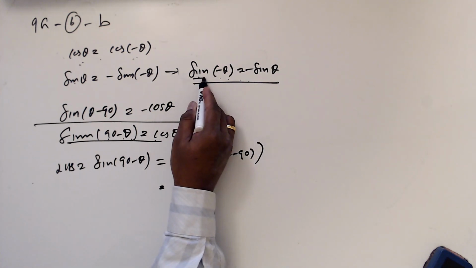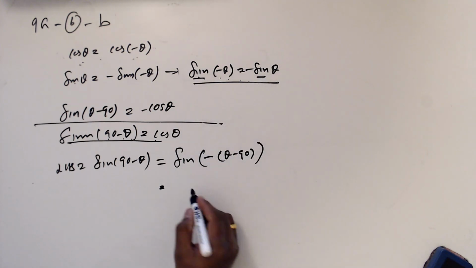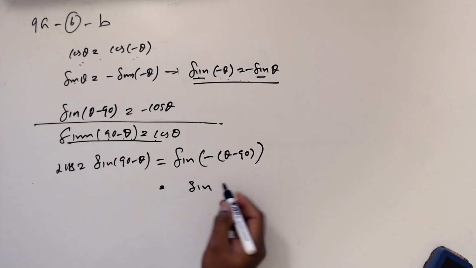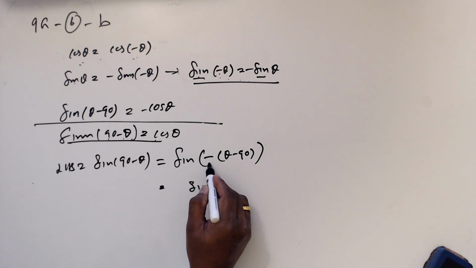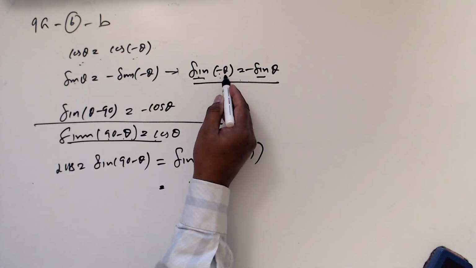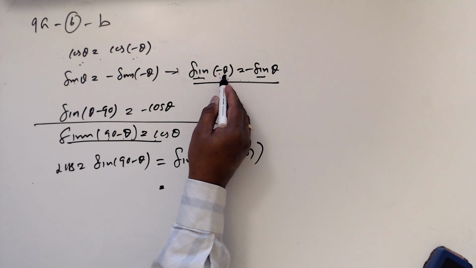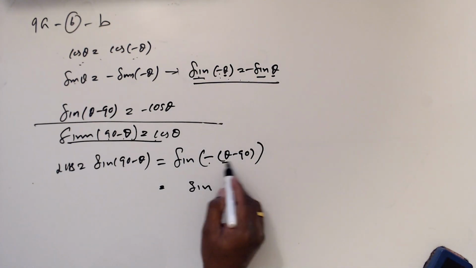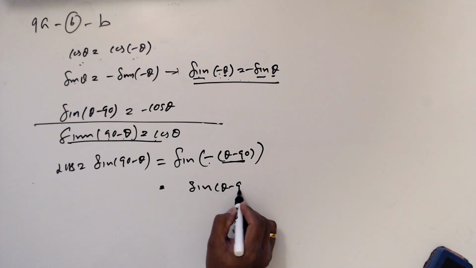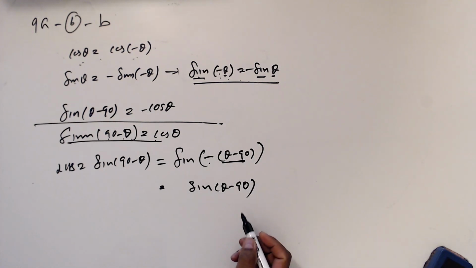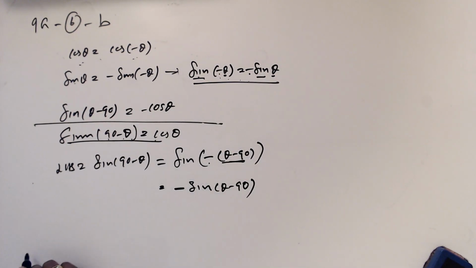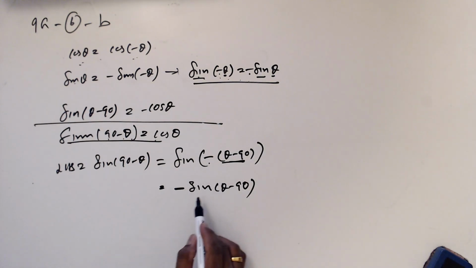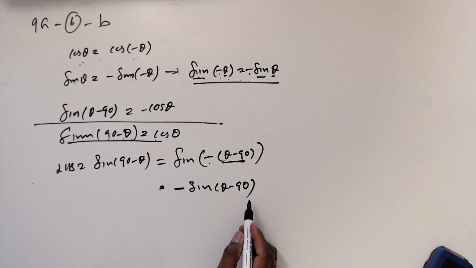If there is sine here, this is also sine. So I'll write sine. Then a minus symbol here, a minus symbol here. Then theta, whatever it is here. Then apart from that there is a minus value. So I write it like this: sine minus theta minus 90 gives minus sine theta minus 90.